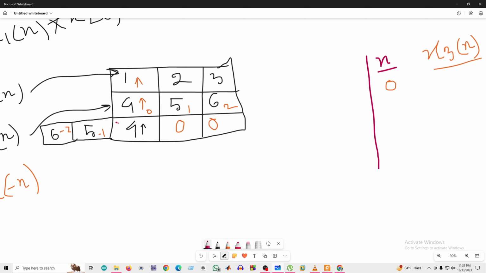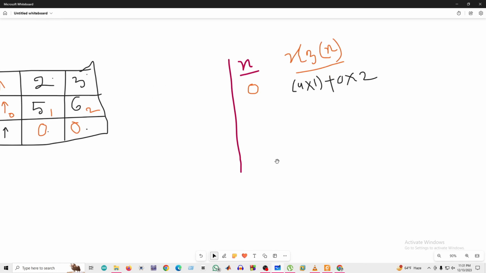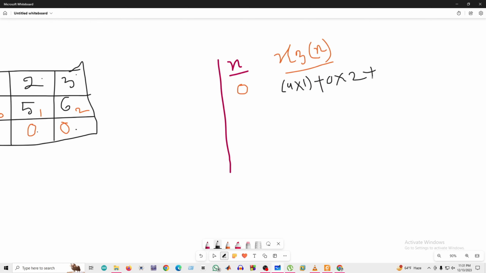You have 4 here and 1 here, so you write 4 times 1, plus 0 times 2, plus 0 times 3. So you get just 4, because these are 0. So at n equal to 0, you get 4.